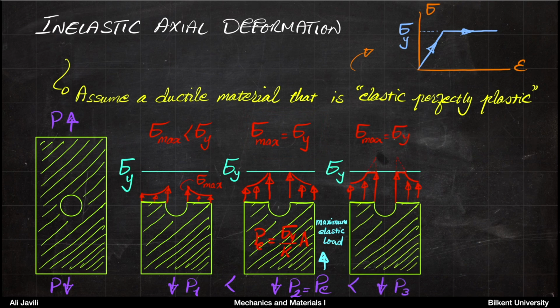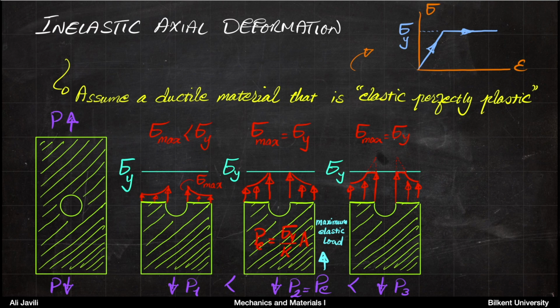But now if you increase P further, the maximum stress cannot exceed the yield limit. Remember, the yield limit, according to elastic, perfectly plastic material behavior, is the maximum stress that you can achieve. So basically what it means is that if you further increase the force, you get this flat area of stress, and then you get the rest of the distribution.